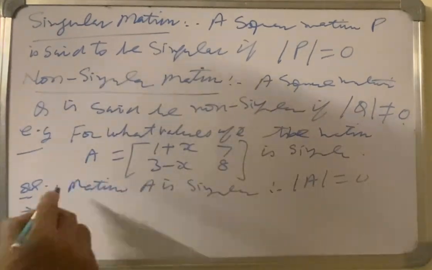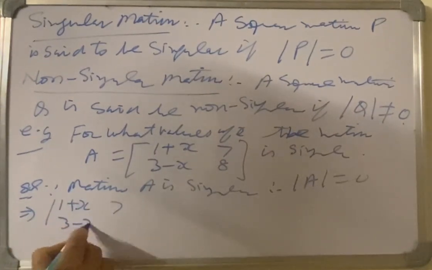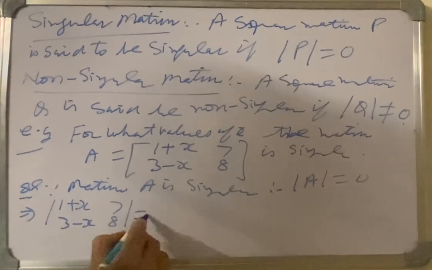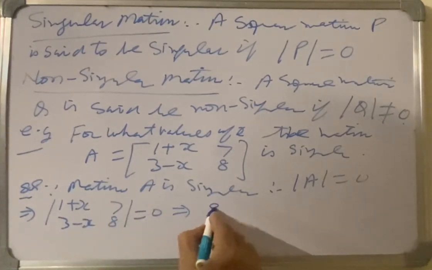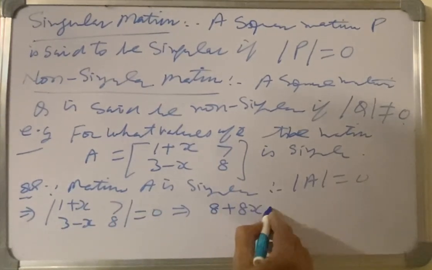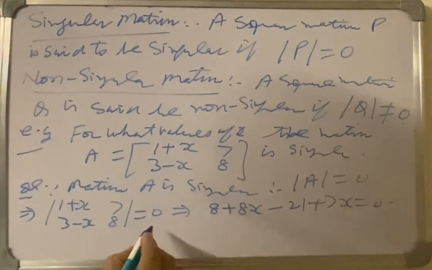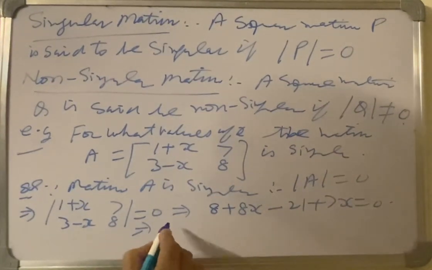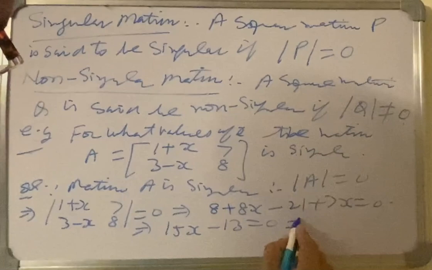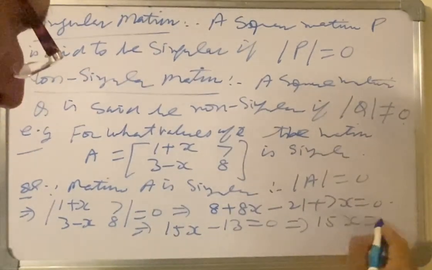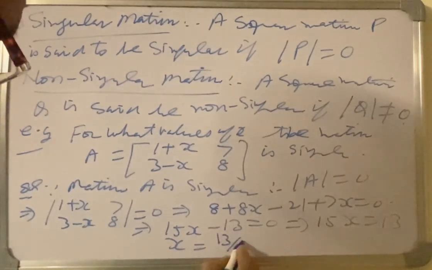That means determinant [1 plus x, 7; 3 minus x, 8] is 0. We shall expand it: 8 plus 8x minus 21 plus 7x is equal to 0, which will give you 15x minus 13 is equal to 0. 15x is equal to 13. x is equal to 13 by 15.